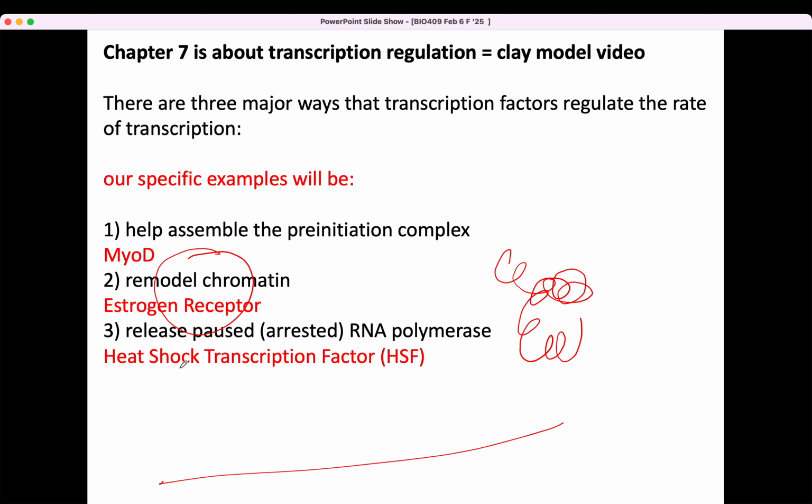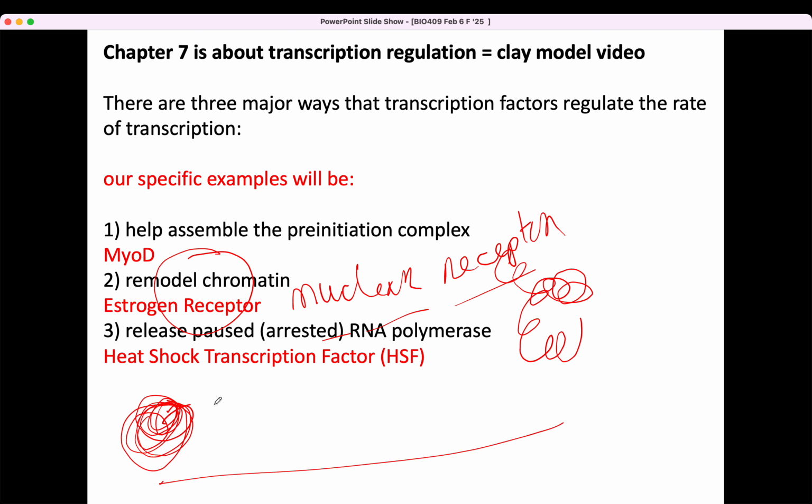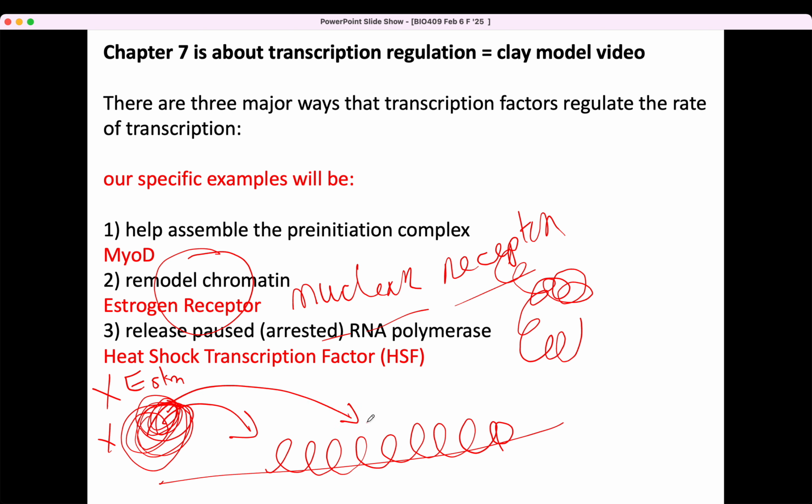The estrogen receptor and other nuclear receptors, and we learned what those are, 48 members, 48 paralogs of a gene family, work by first, in the absence of hormone, in the absence of estrogen, actually causing the target gene's transcription region to be folded up. And then when estrogen arrives, they do the opposite action.